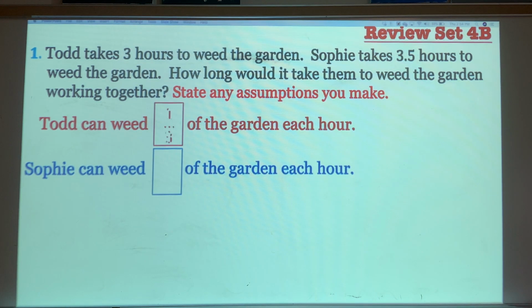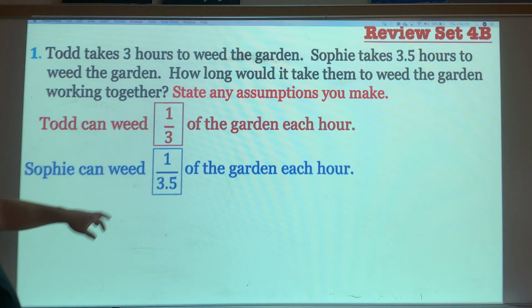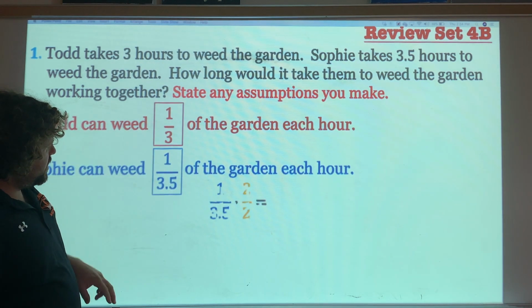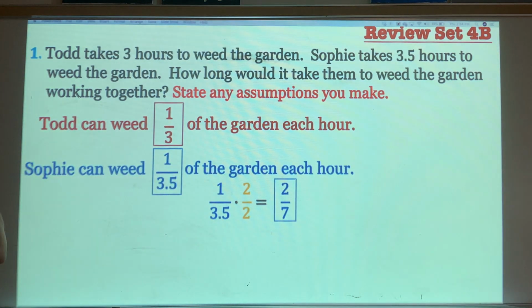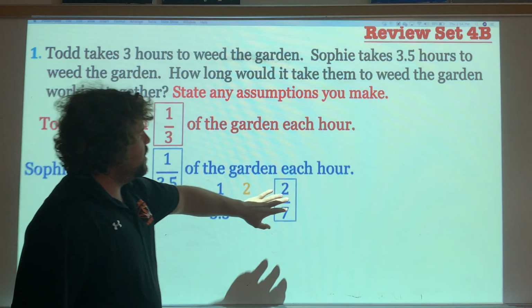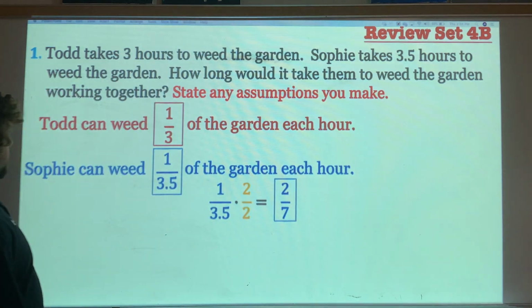So, fairly simple. Todd can read 1 over 3. The inverse of 3 is 1/3. Sophie, 1 over 3.5. Now, 1 over 3.5 is not really good, so you want to multiply this by 2 over 2 to get whole numbers here, which is 2 over 7. So Sophie can technically read 2 over 7 of the garden per hour.